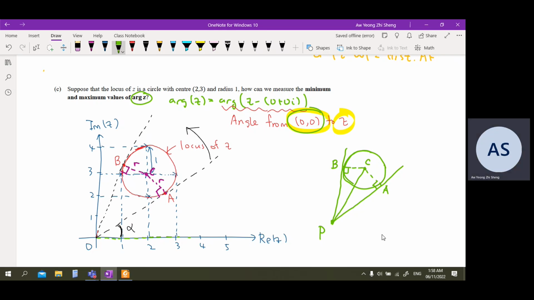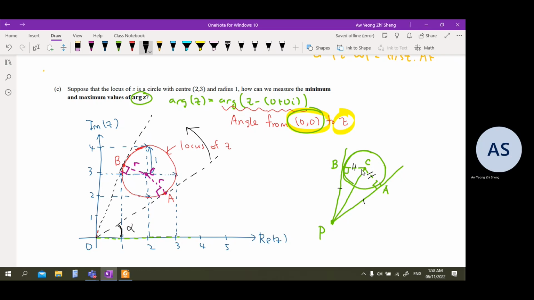Congruent means they must have the same size, which means CB and CA must be the same length, PB and PA must be the same length, and of course, PC is a common hypotenuse.